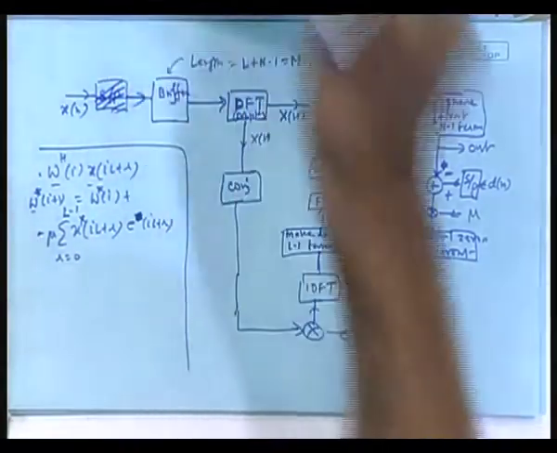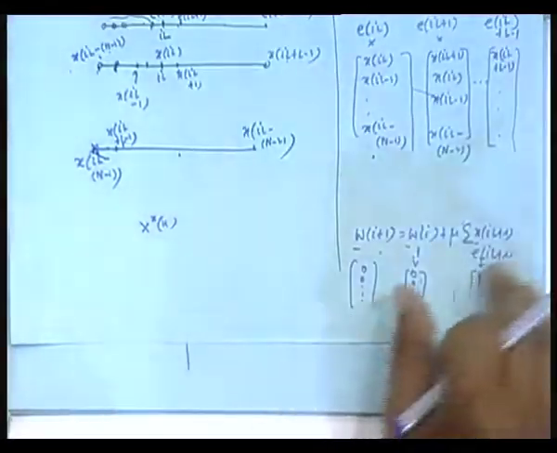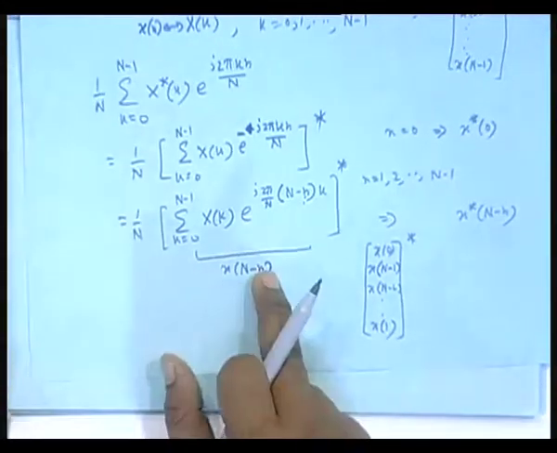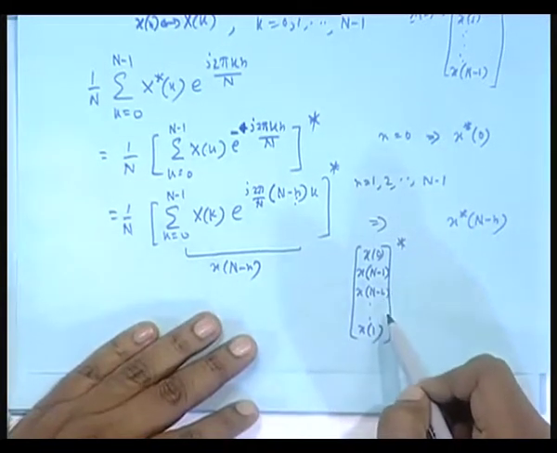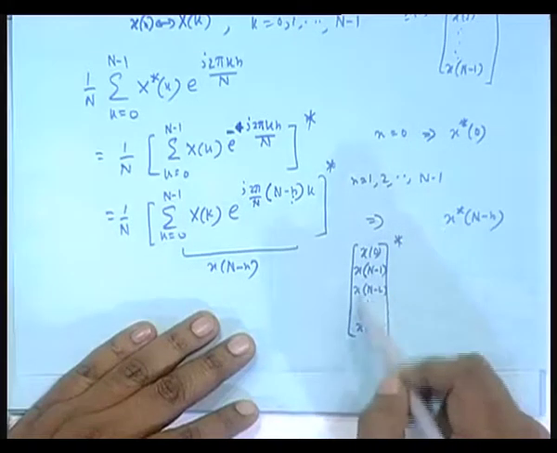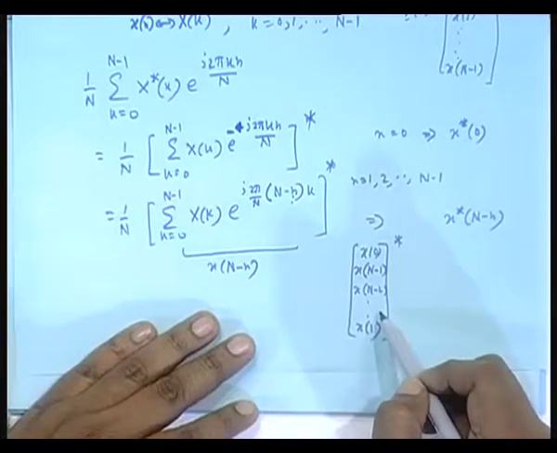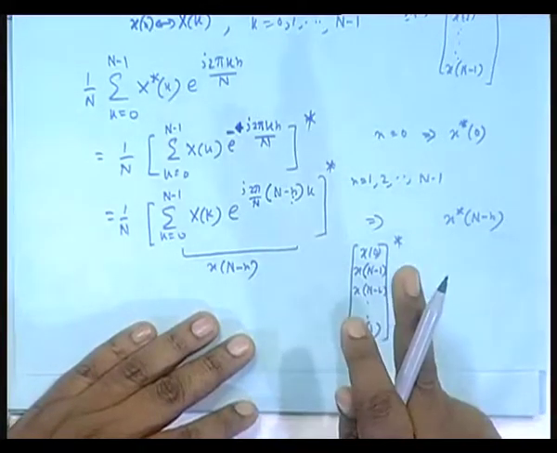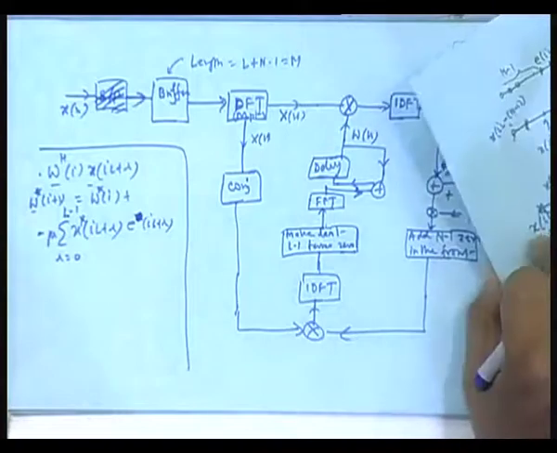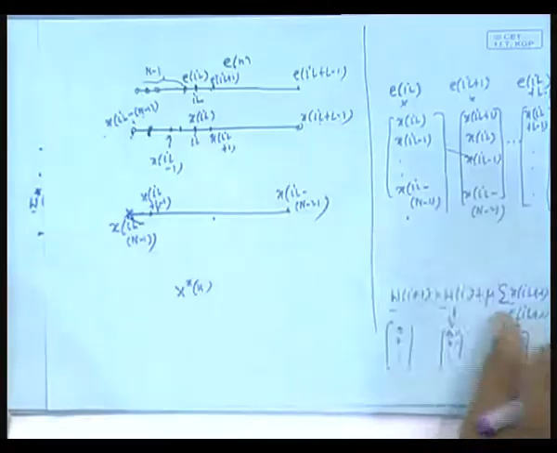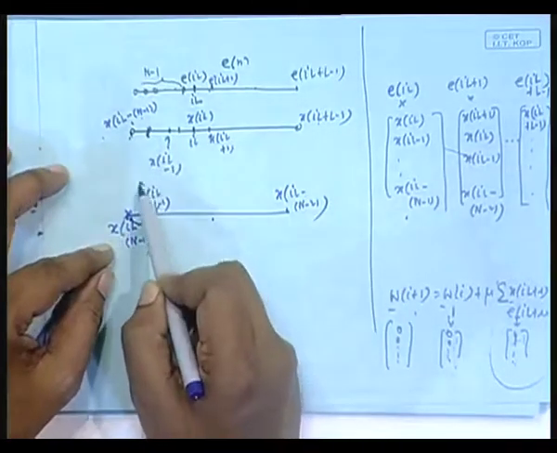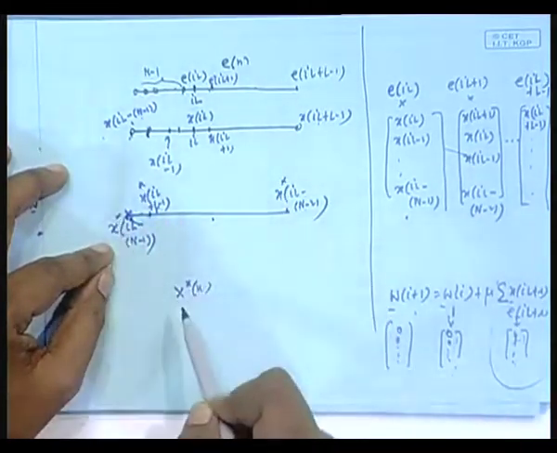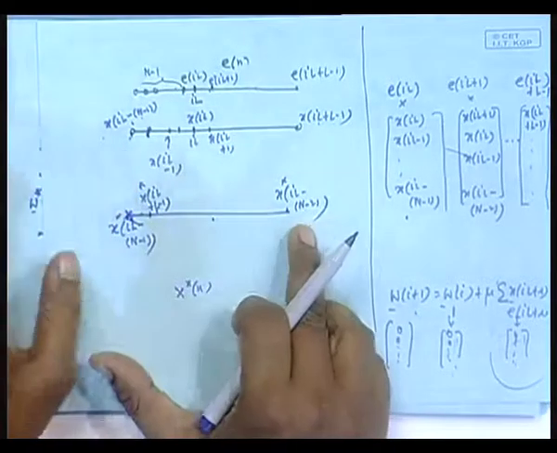Now, you remember one thing I told you: there will be a star here, and I said it is a real value, so star has no meaning. But when this is complex, then the star comes in, is it not? The data vector has the star. So, in all these convolutions there will be a star everywhere on the data. That means data conjugate and then this flipped version.